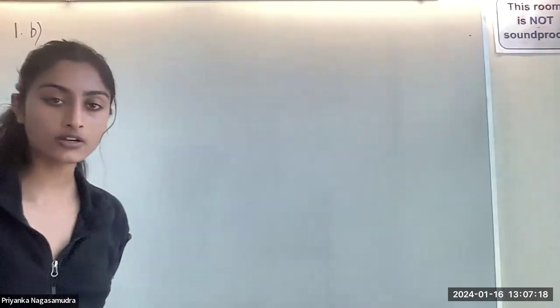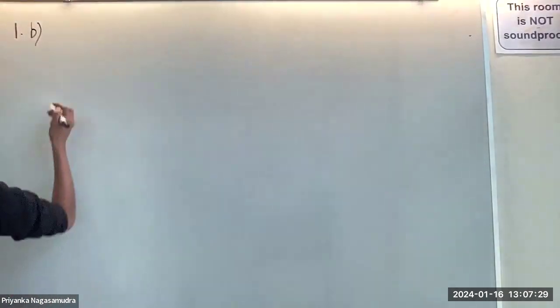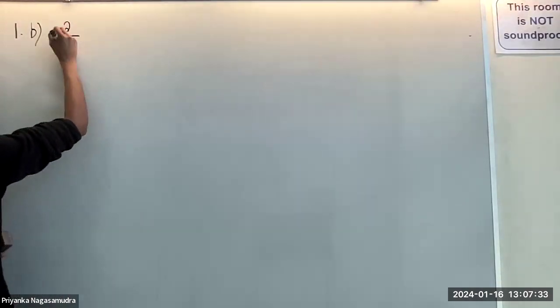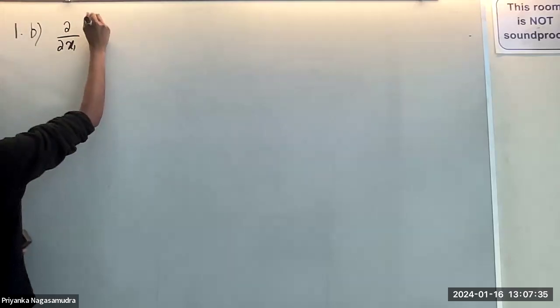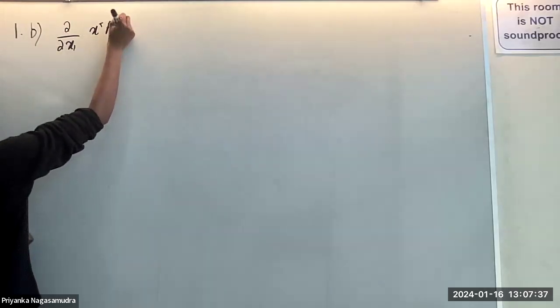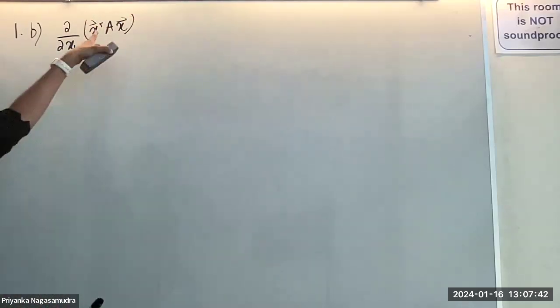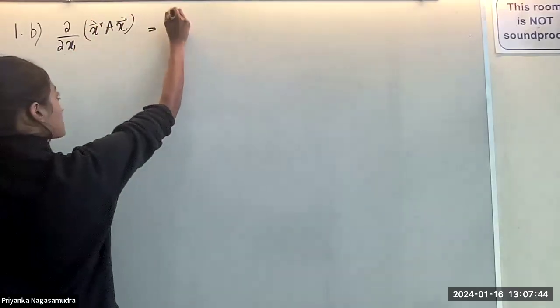Okay, so now we want to take the partial of that value with respect to x1. So this shouldn't be too bad because now we have the expanded form. So we know that this expands to this nice summation over here.